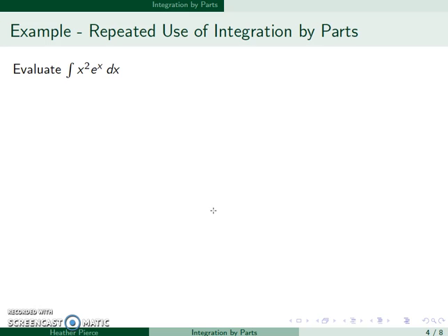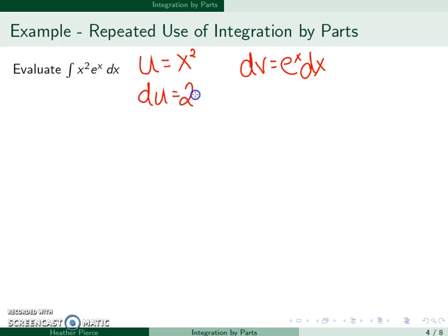Let's do a second one using x squared. So once again, a good thing to be u are powers of x. That would make dv equal to e^x dx. So du this time is 2x dx, and v would be the integral, which is e^x.